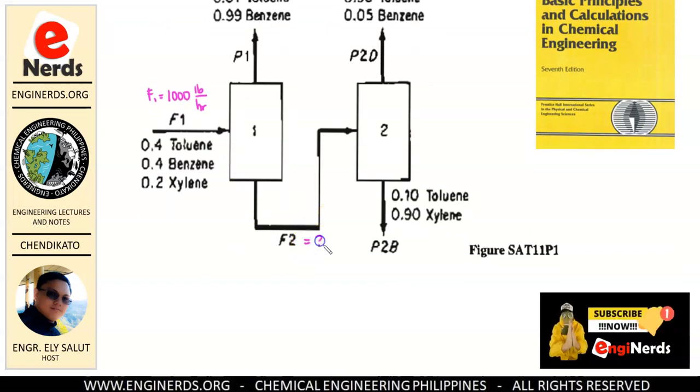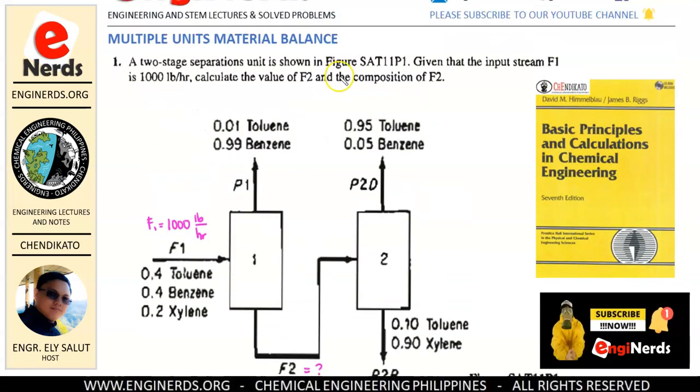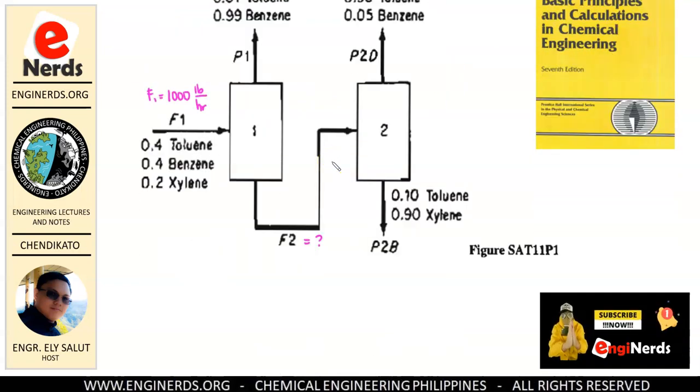So, this should be expressed also in pounds per hour. And then, what is the composition of F2? So, we also need to find out kung ano yung composition ng F2. As you can see, all of these are expressed in mass fraction. Okay? So, it should be expressed the same way itong ating composition ng F2.